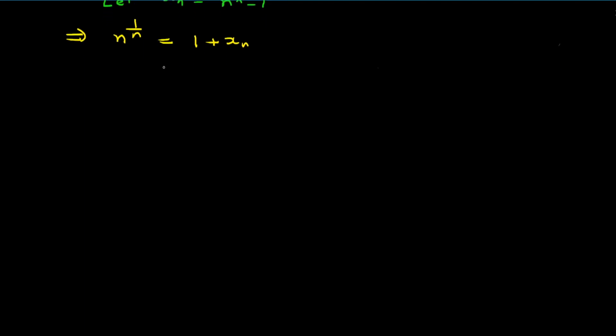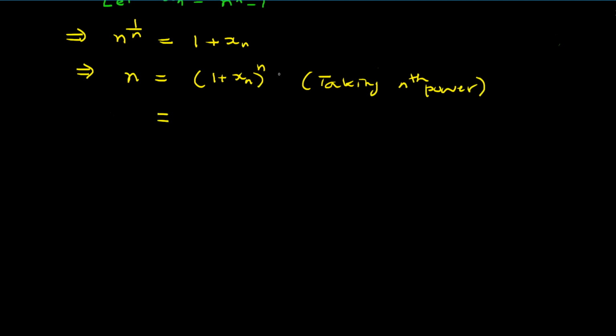Now taking nth power on both the sides, we get n is equal to 1 plus xn whole raised to n. Okay, what we have done is taking nth power on both the sides. Fine. So for this step, now I will be using the binomial theorem, a plus b whole raised to n.